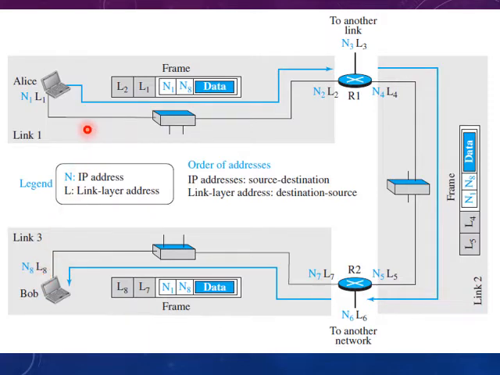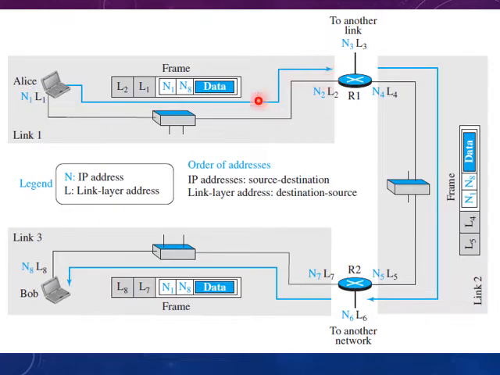So let us look at the packet format. In the packet format, in the first part we have L2, which is the destination address. So here we are going to give the immediate destination, which is from L1 to L2. Okay, so this is L1, link 1, and this is link 2.